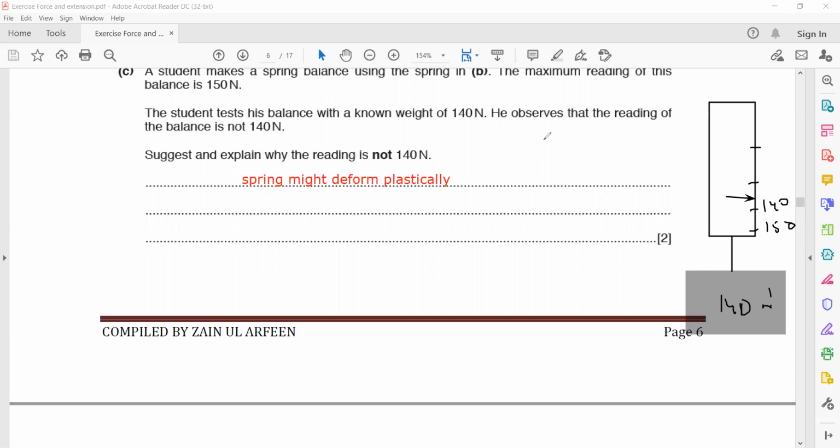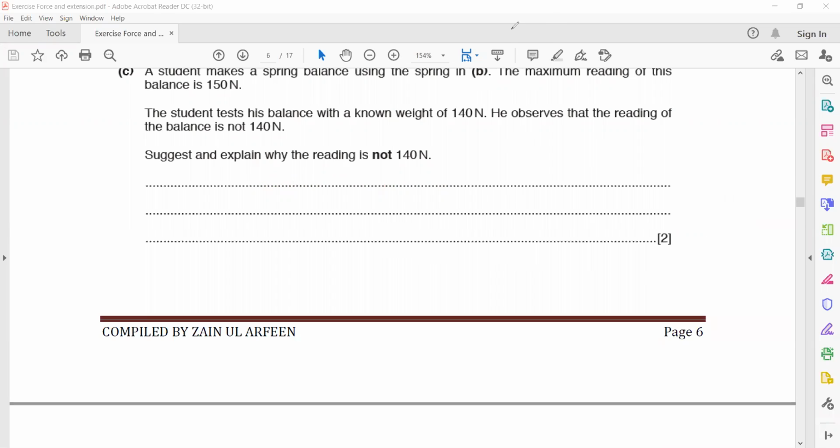It means the spring cannot return back to the same original length when the load is removed, or there is a deformation in the spring. That's why when we attach a load of 140, it should show 140, but it is showing another value. Is it clear? Part C, there is a deformation in the spring, that's why it is not showing the same number, it is showing another number.